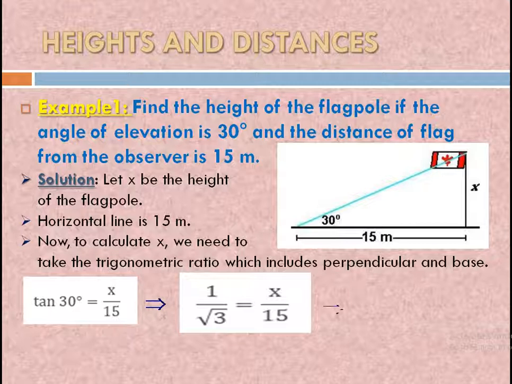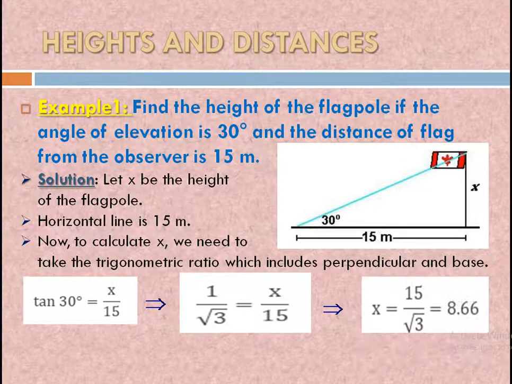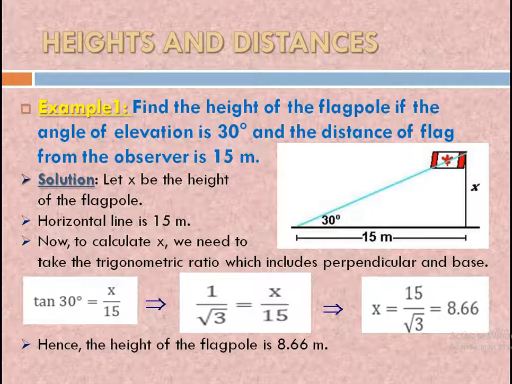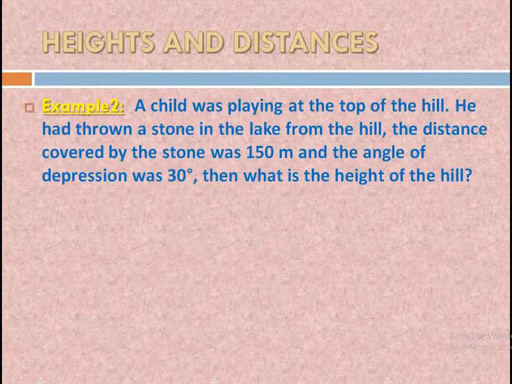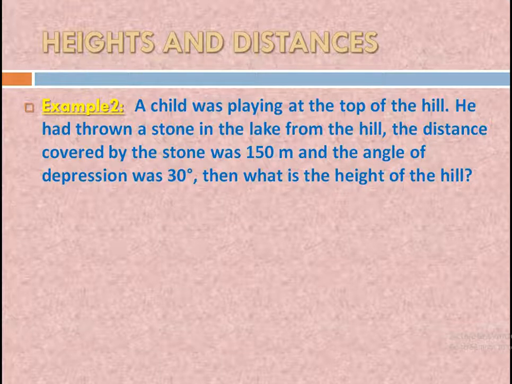This implies x is equal to 15 by root 3, which is 8.66. Hence the height of the flagpole is 8.66 meters. Okay students, now let's see another example.